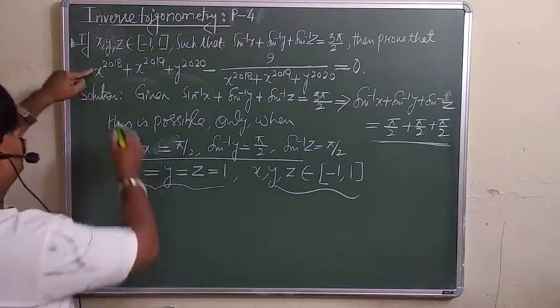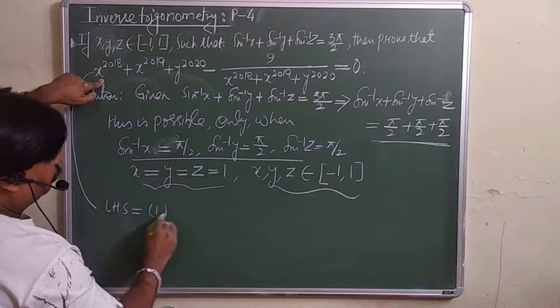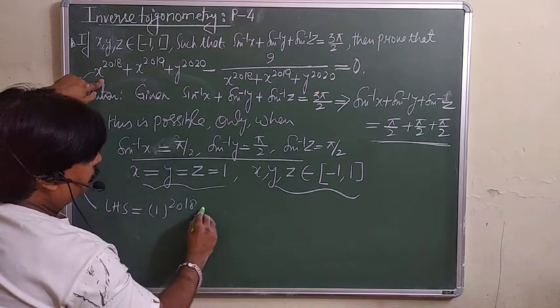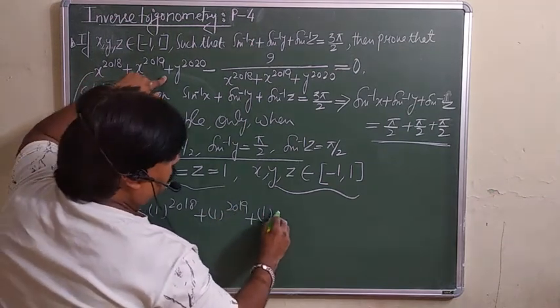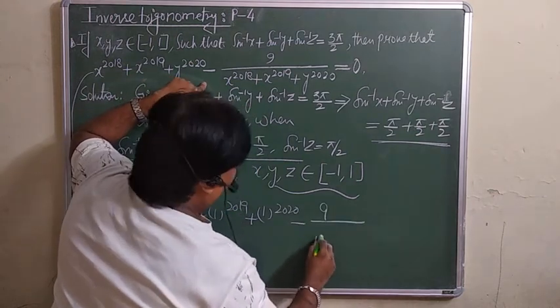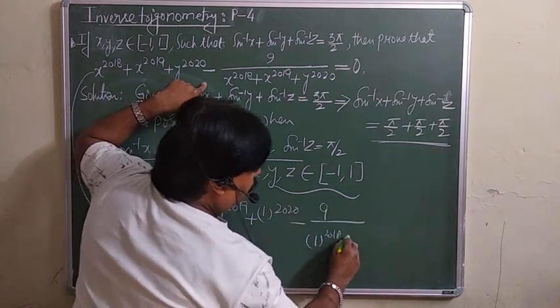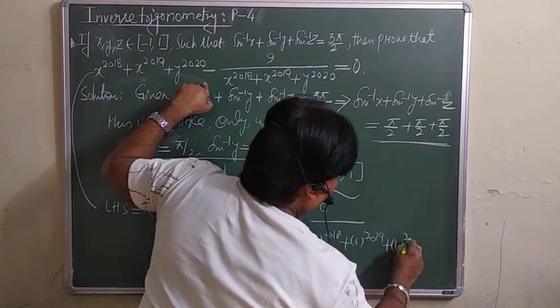So now put the value of x on the left hand side, and you will get 1 raised to power 2018 plus 1 raised to power 2019 plus 1 raised to power 2020 minus 9 over 1 raised to power 2018 plus 1 raised to power 2019 plus 1 raised to power 2020.